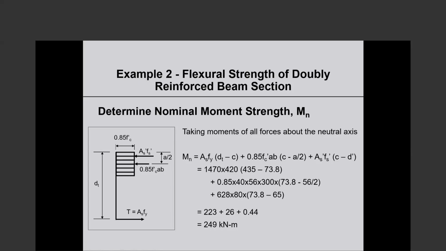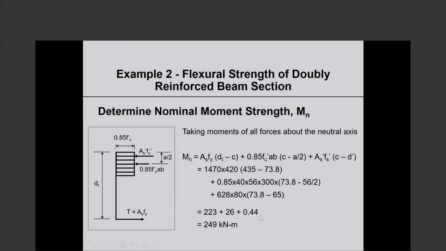Okay, so I do want to point out, this is interesting, the tensile steel is contributing 223 out of the 249 kilonewton meter of moment strength. The compression concrete is contributing 26 out of 249.